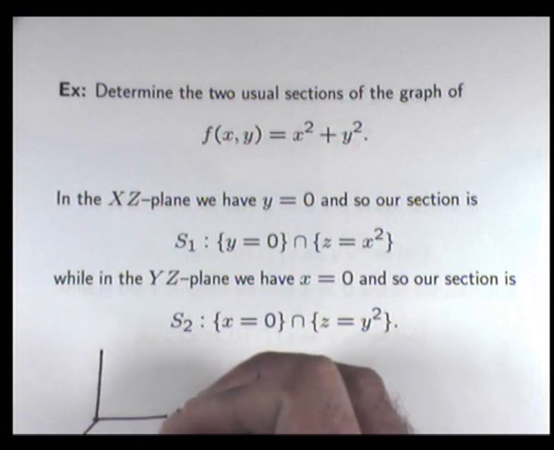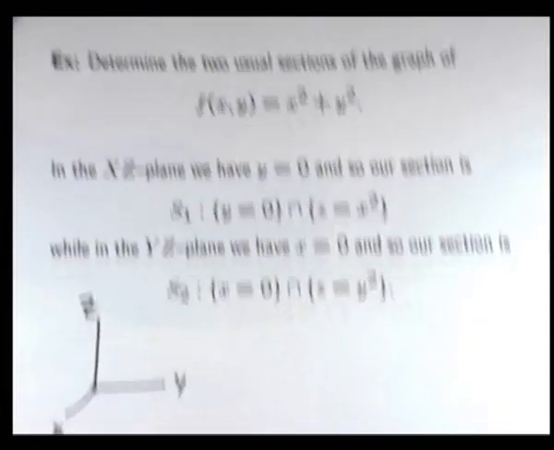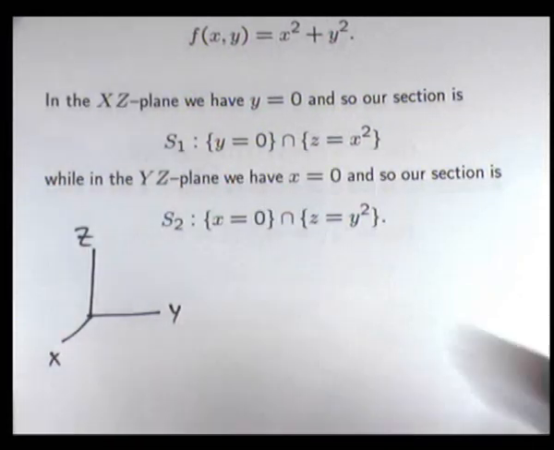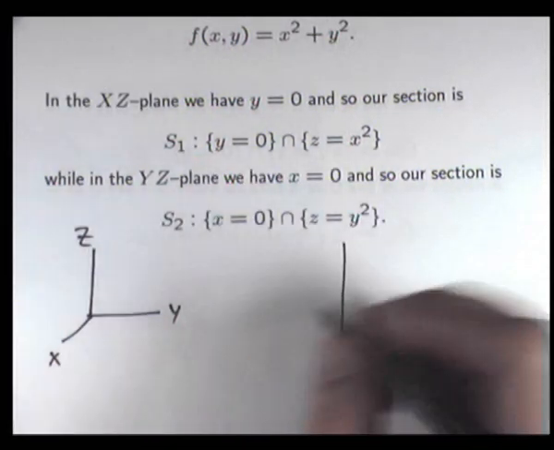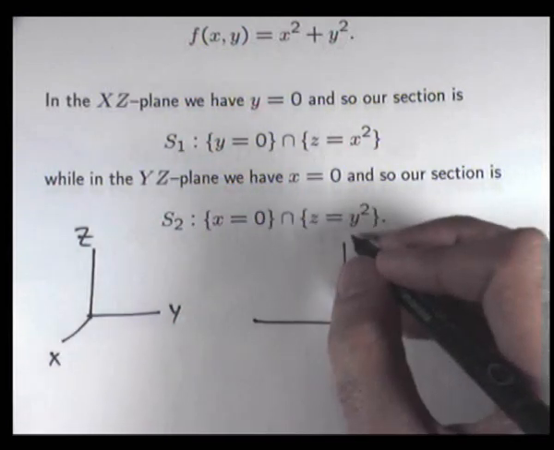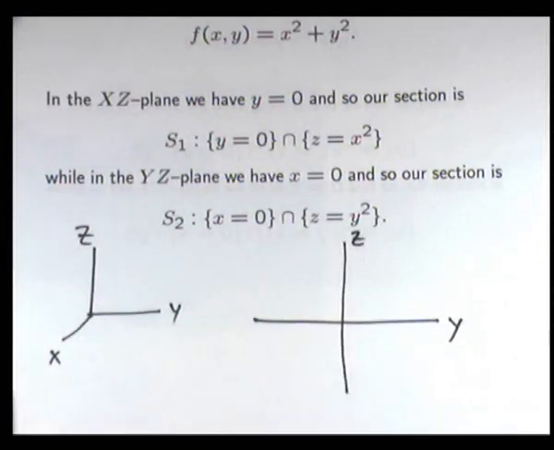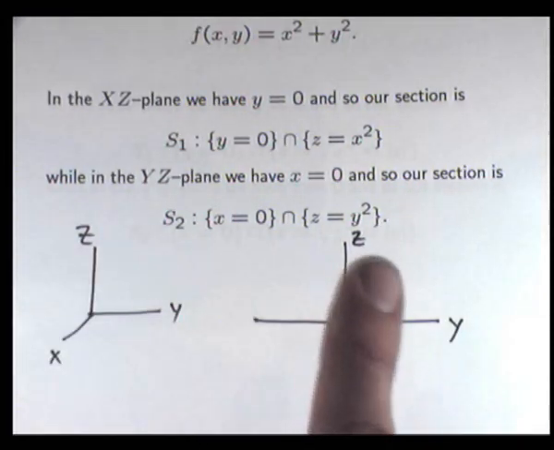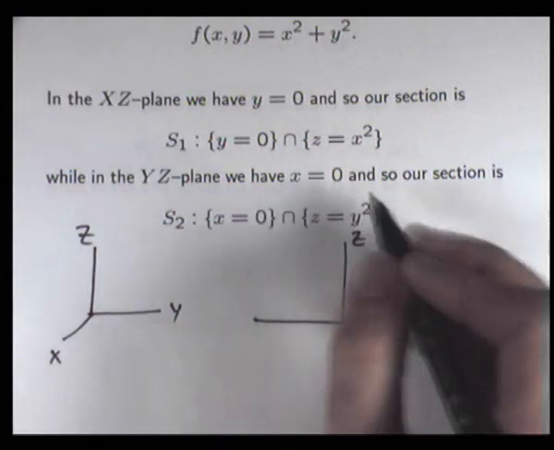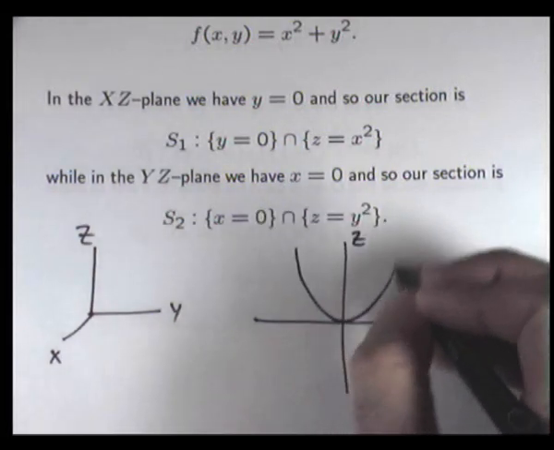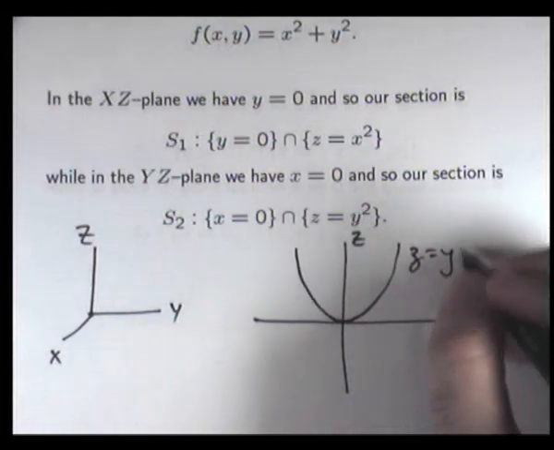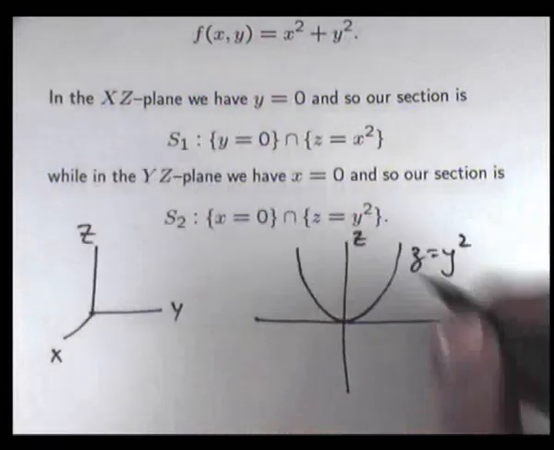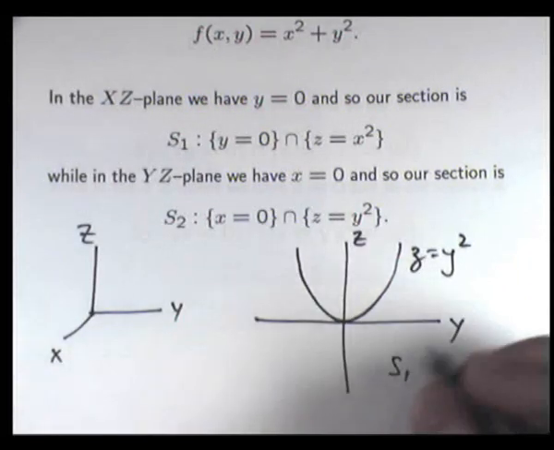So let's just put this all together. Here's our 3-dimensional setup. I'm actually going to draw S2 first because it's a little easier. Imagine you're looking down the barrel of the z-axis, so the z-axis is coming out of the screen at you. This is going to be a parabola. That's S2.